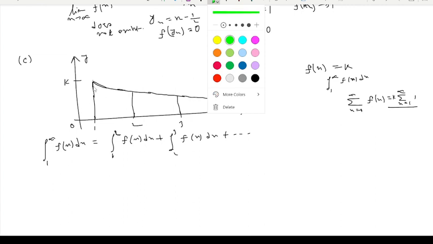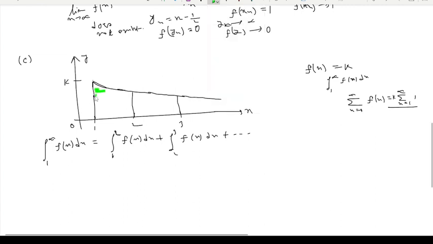Integration 1 to 2 f(x) dx is this area, and if we take this rectangle, then we get the area of this rectangle as f(1) into this length 1.